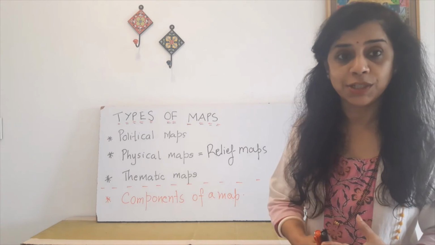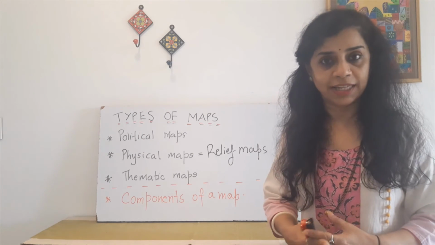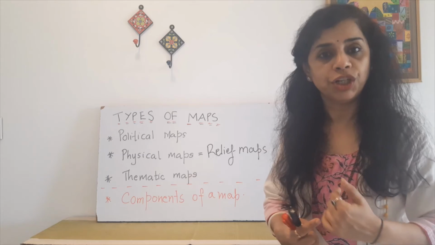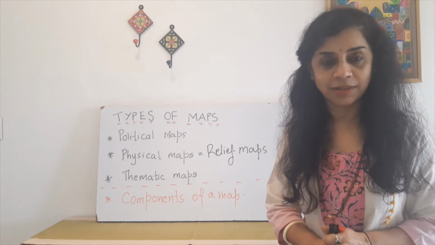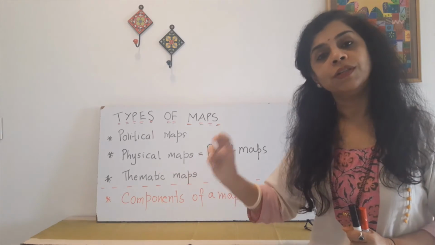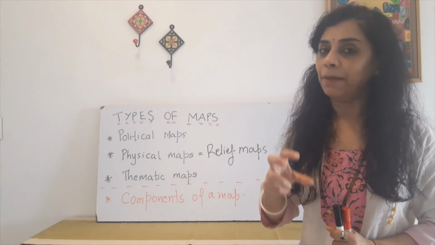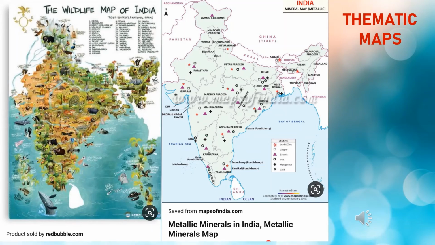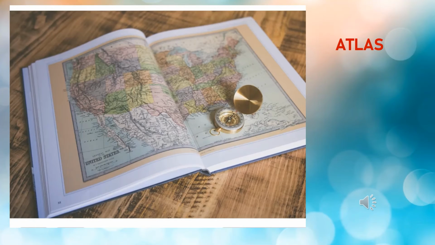You might find the good beaches where the tourists can go, some hotels where they can stay, the temples, the Old Goa Church, and so many other places of interest. So, thematic maps focus on a theme, and in that map you will find only what the theme is. Thematic maps focus on a theme or topic, for example, population, rainfall distribution, wildlife, and so on. A book of maps is called an atlas.